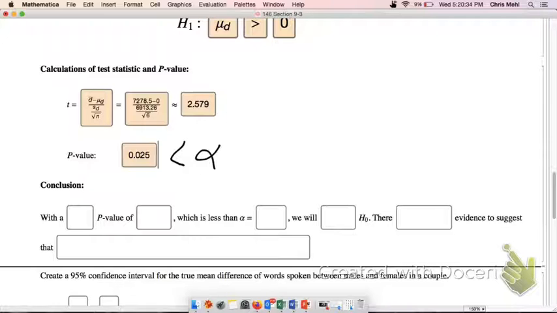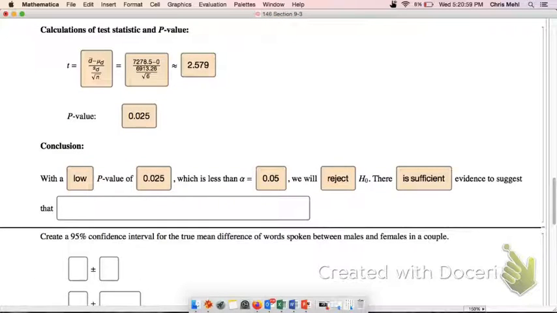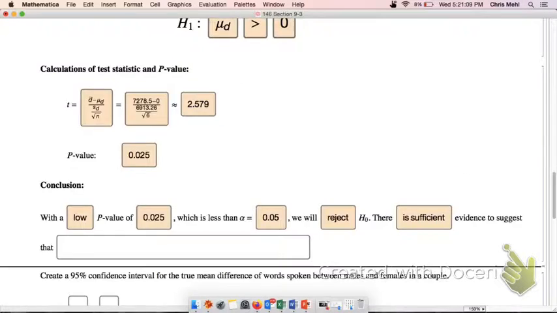When the p-value is less than alpha, or when your p-value is low, we reject the null hypothesis. We always say that there is sufficient evidence in that case, and the original claim that we were testing was that males speak more words in a day than females.